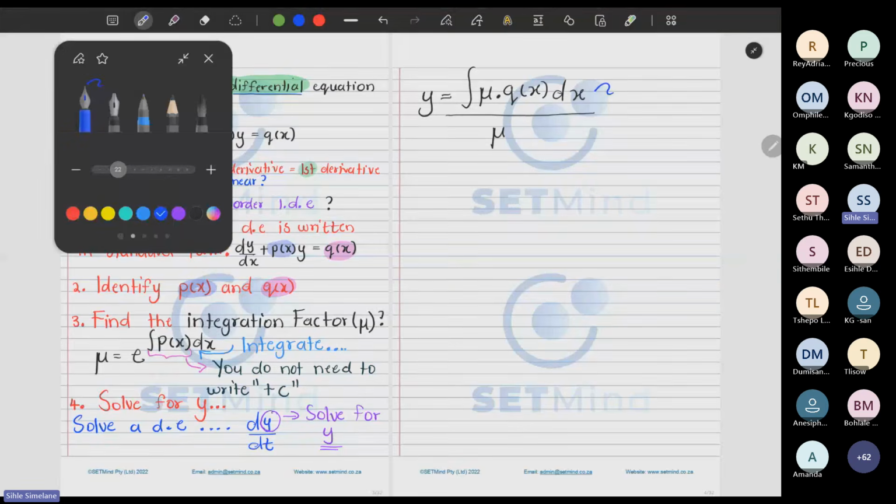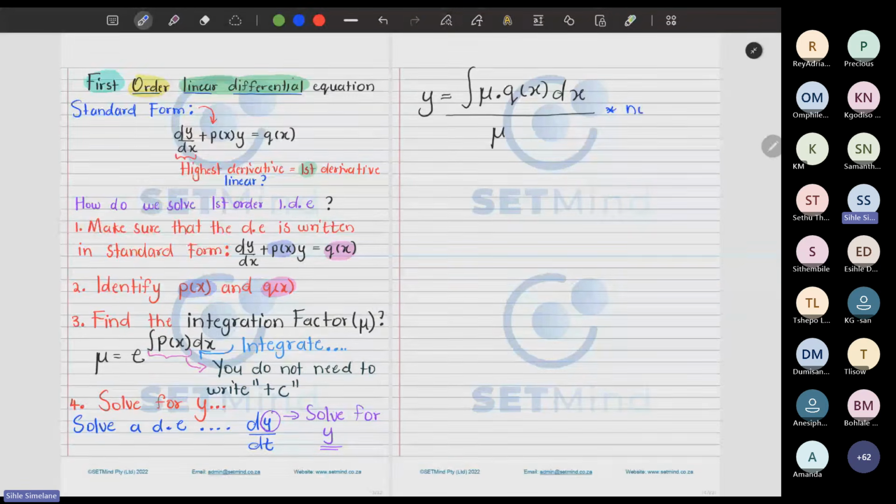Maybe let me make a note here. So I'll say here, note that mu divides the integral, not necessarily what is inside there. Some people make a mistake and then they end up canceling stuff when that is not supposed to happen.